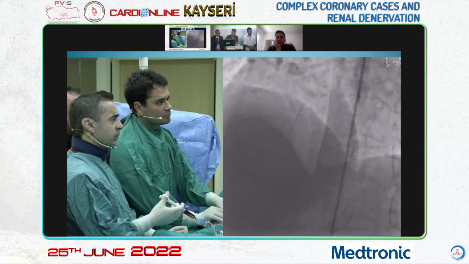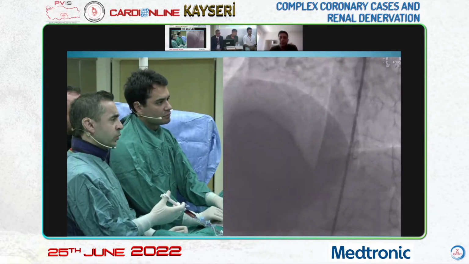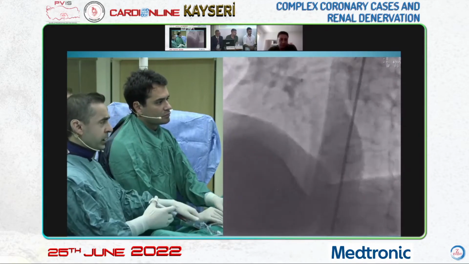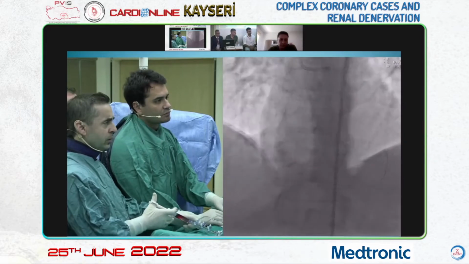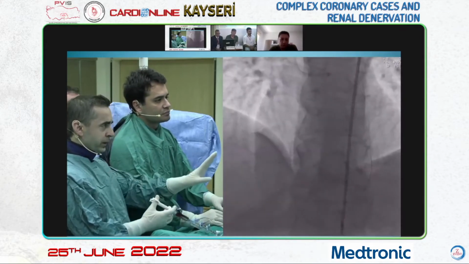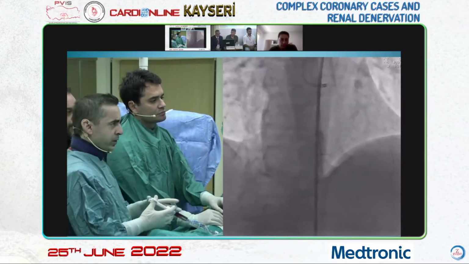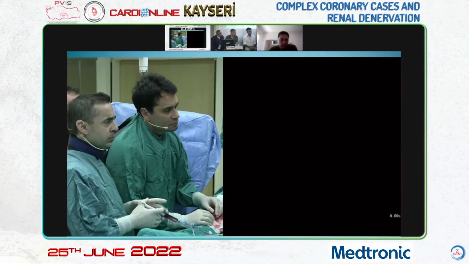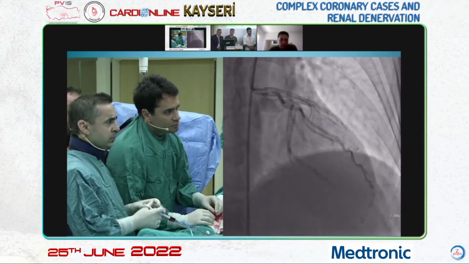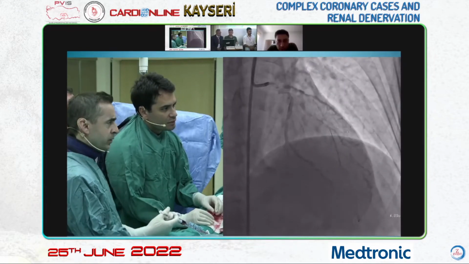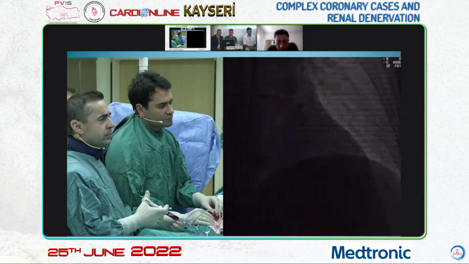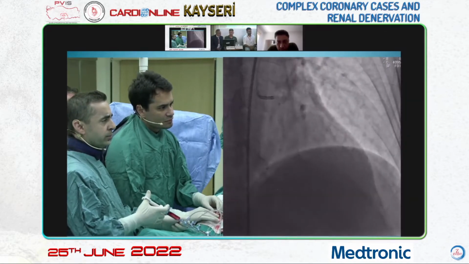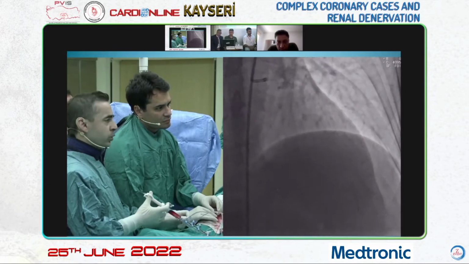Maybe a hydrophilic wire we use; most probably due to the lack of flow, there may be a lack of diameter. After ballooning, nitrate may be administered to evaluate the distal vessel diameter in a more objective way. And I think there is a microchannel. Of course, passing it will facilitate our work.